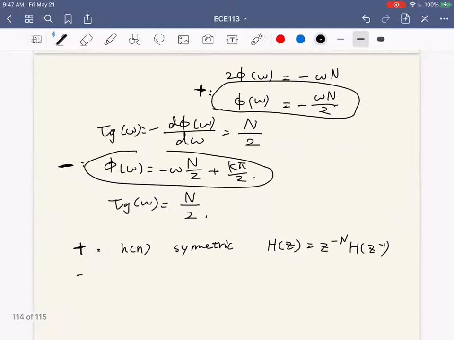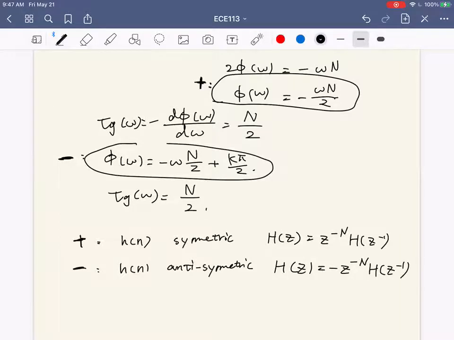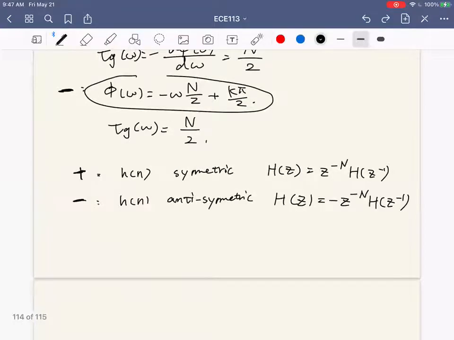And negative means the original h of n is anti-symmetric, and the equation we use has the minus n. I see. Thanks. Yeah, the difference comes from the very fundamental property of symmetric and anti-symmetric: h of n equals h of minus n, if we think that d is 0.